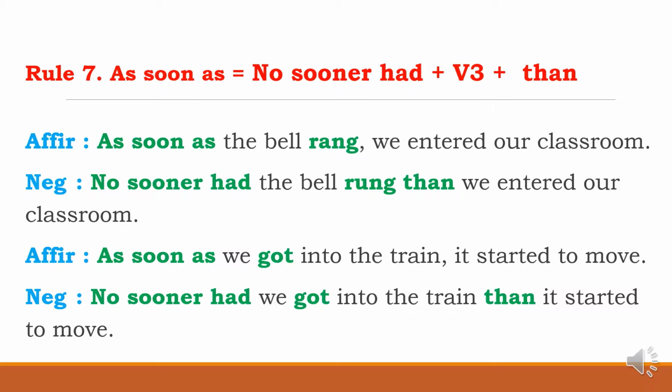Then we have the subject "we" that remains unchanged, then we have used V3, that is "got." Actually V2 and V3 of the word "got" are the same, that's why you see no change here. Then the rest of the sentence remains unchanged. The only change is that in between the two given clauses we have used "than."